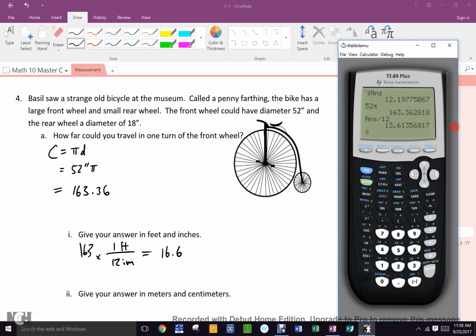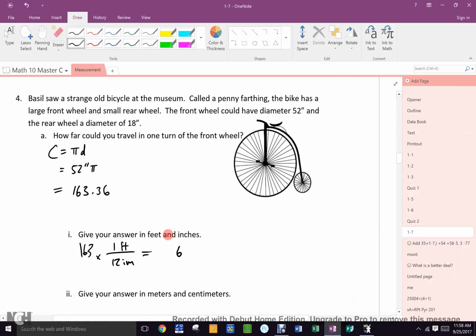But when you see what I'm doing, you'll understand why I don't care. Okay? So now I got 13.6, right? Is that feet and inches? No, that's feet and tenths of a foot, which we do not measure in, yes? So I know I have 13 feet and I have 0.6 of a foot, don't I? But I don't need feet, I need inches. So 12 inches goes there, 1 foot goes there, so it's 0.6 times 12, yes?